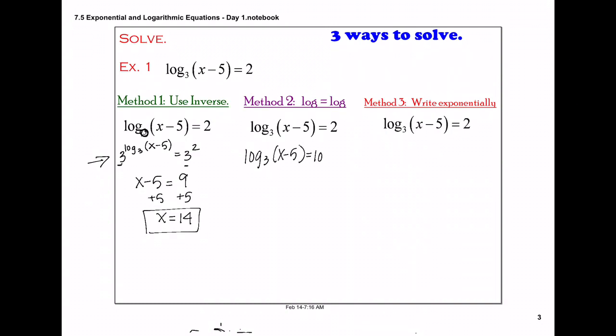And if I add log with a base 3 of 3, I know that equals 1 whole. When I raise that to the second power, I'm still left with my 2, so I didn't change the right-hand side of my problem. Now, I have x minus 5 is equal to 3 squared. X minus 5 equals 9. Add my 5 because it's my inverse operation, and I get x is equal to 14.